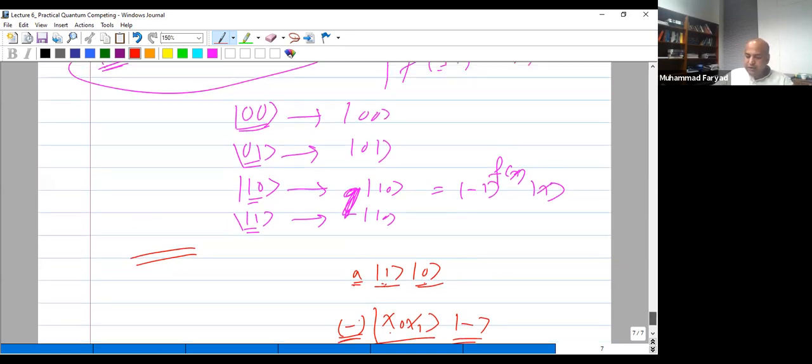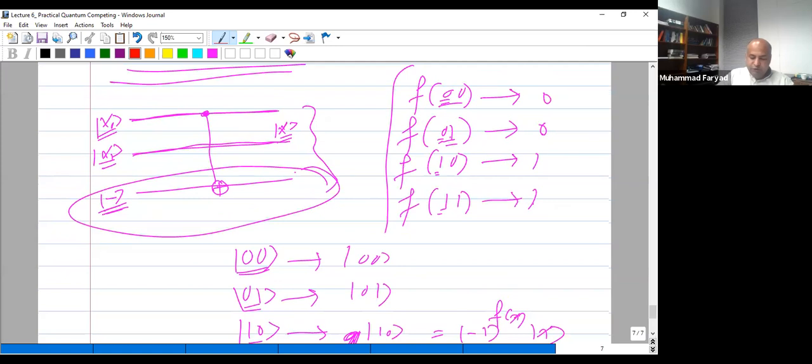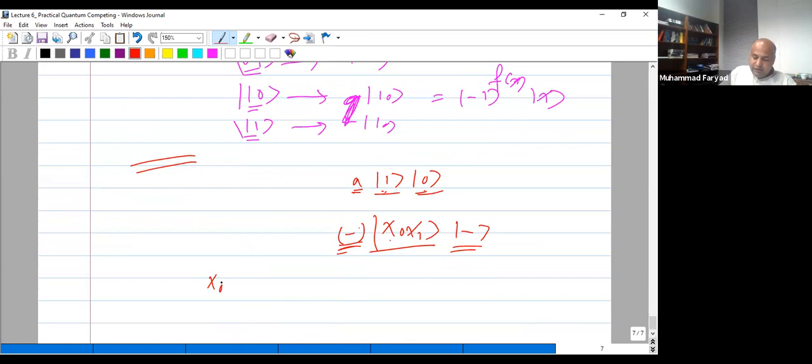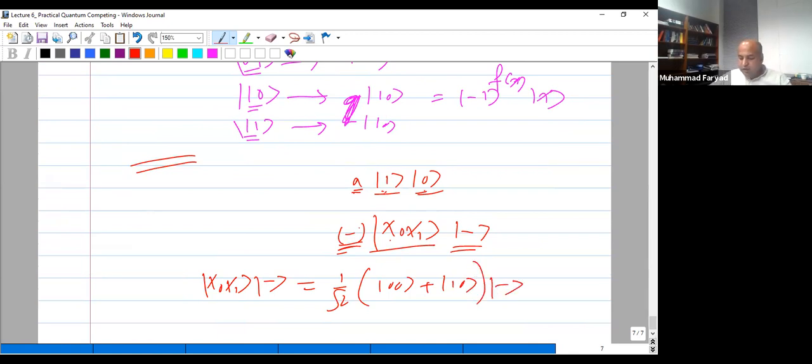Suppose you are giving input here like this, that we have x0, x1, and this minus state, where x0, x1 is, let's say, |0,0> plus |1,0>, into minus. Now if we work out, we will see that this and this give a minus sign, and this and this give a plus sign.